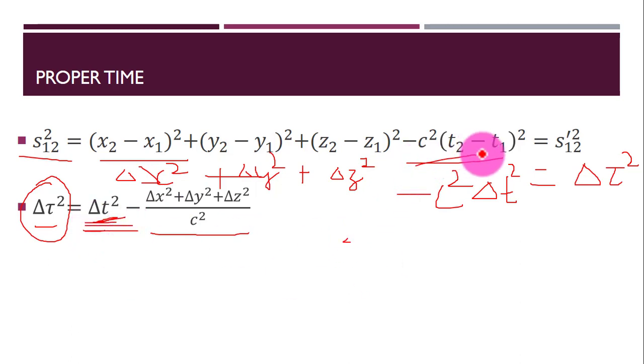Then delta tau square will come out positive and it will be a real quantity.